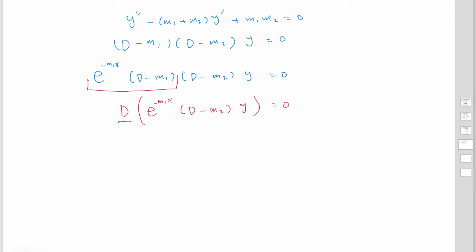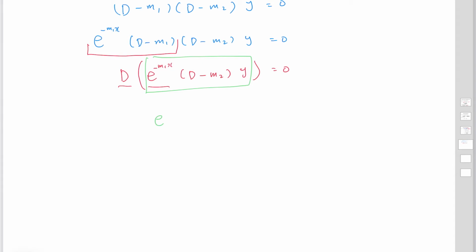So we can switch the terms of capital D and e^(minus m1 x), combining the two terms into a single term, like an integrating factor. Then the derivative of this quantity is 0. So the quantity e^(minus m1 x) times (D minus m2) y has to be a constant, c sub 0.